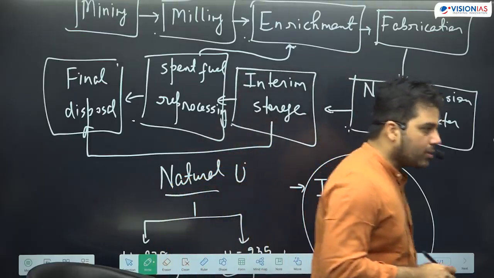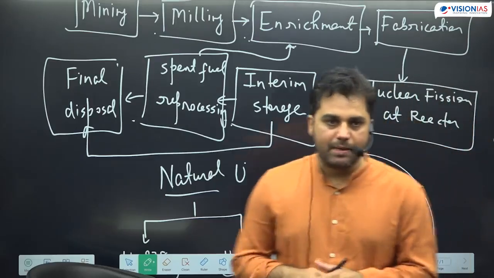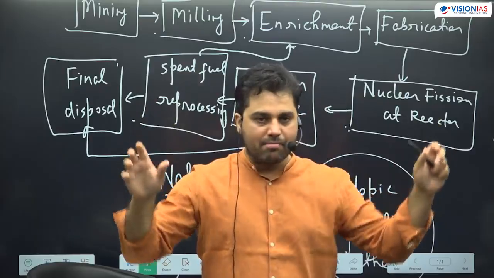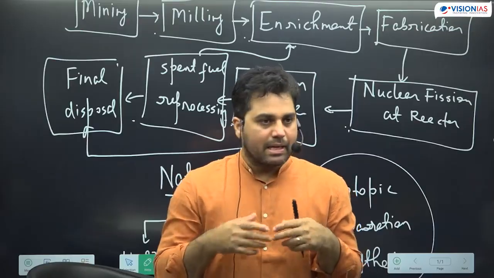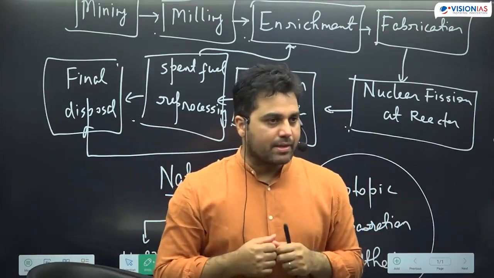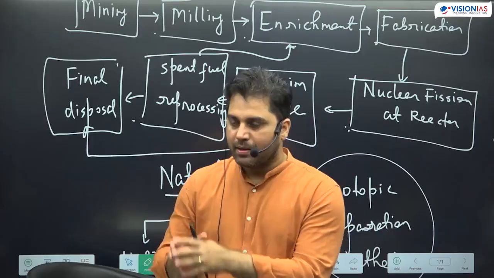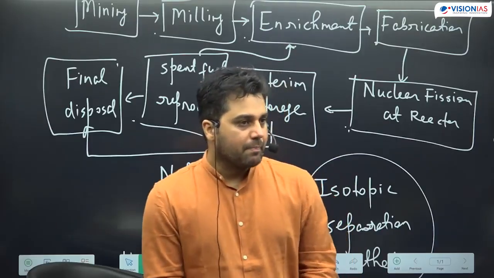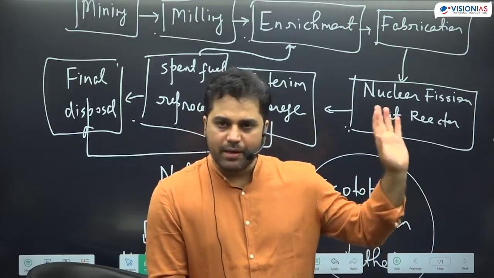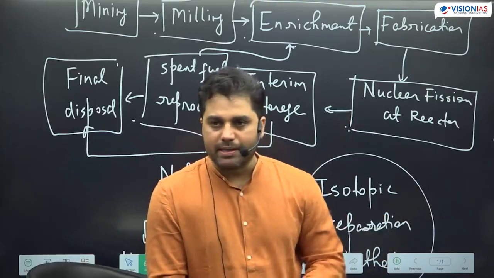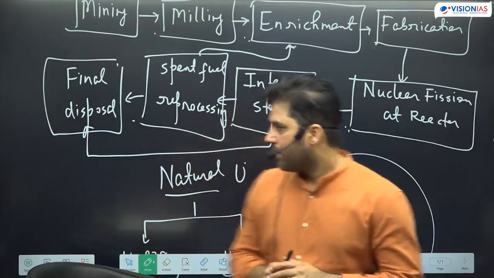Either somewhere we artificially make a reservoir. The nuclear waste will first have to be kept in a solid casket made of very thick concrete, so that even if some radiation is being emitted, it will be absorbed by the concrete itself. And then this thick casket of concrete has to be kept in a deep geological reservoir where it cannot escape for hundreds of years. In hundreds of years, radioactivity will die down. No longer is it dangerous, but we have to manage that nuclear waste with a lot of safety.